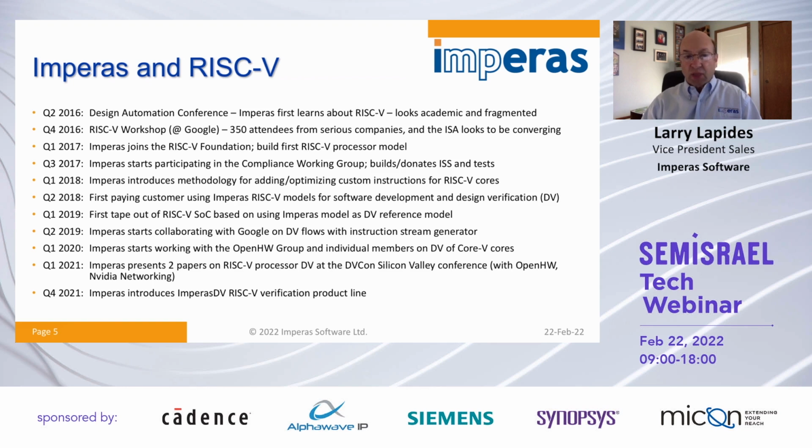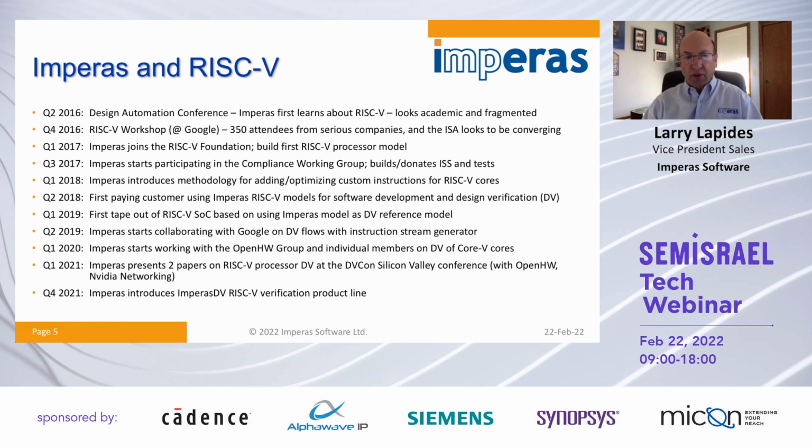We started collaborating with Google on DV flows with the Google open source instruction stream generator. So we've moved from just compliance to full DV. We're working with the Open Hardware Group and individual members of the Open Hardware Group on DV of the Core 5 cores.